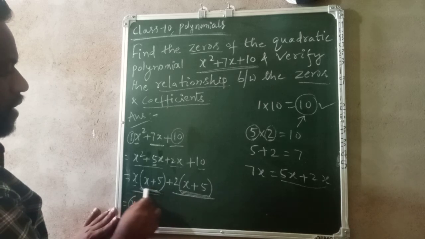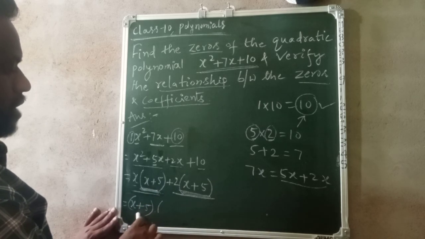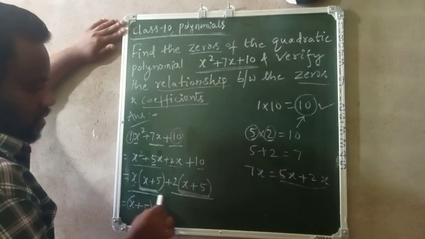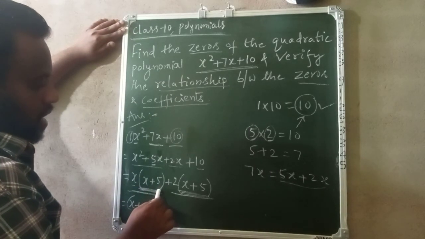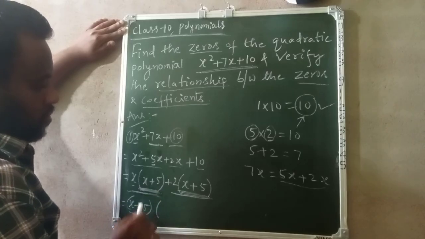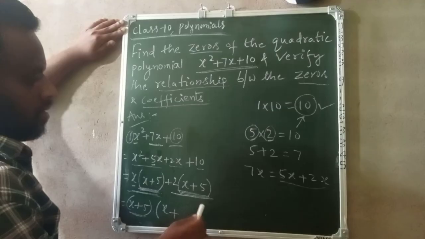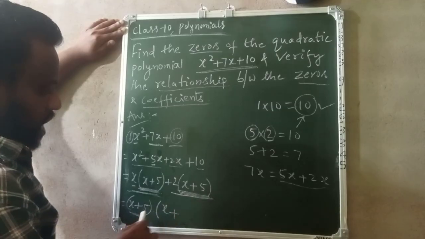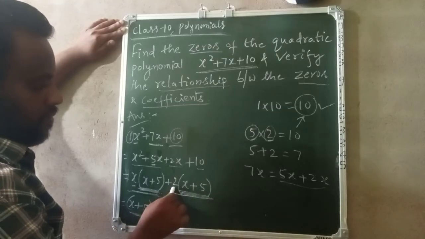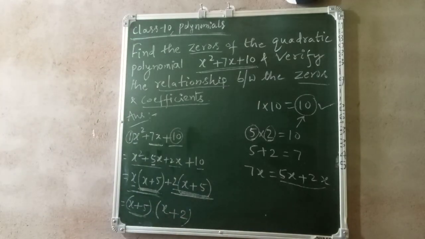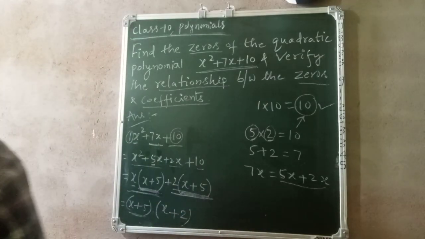When you take x plus 5 as common, put the rest in a bracket. What is left? x. Plus, x plus 5 is taken as common, so what is left? 2. We got this.